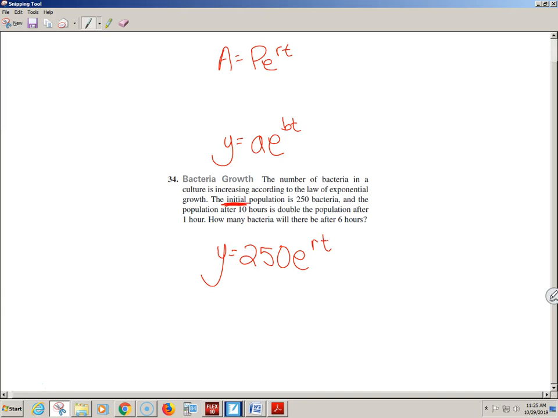Okay. Now what? I have another clue, don't I? Check. Got that one. The population after 10 hours is double the population after 1 hour. So population, isn't that y? After 10 hours, isn't that a t? Right?